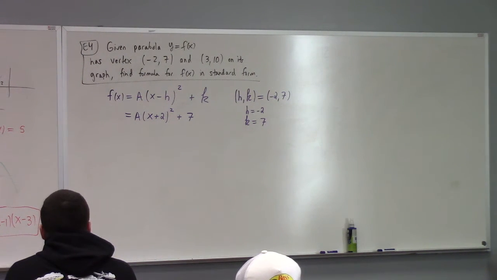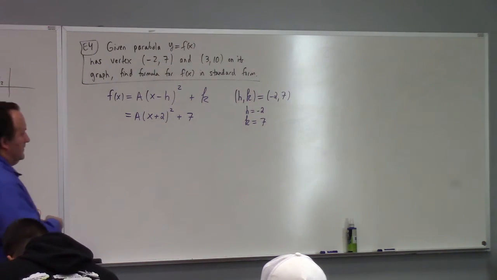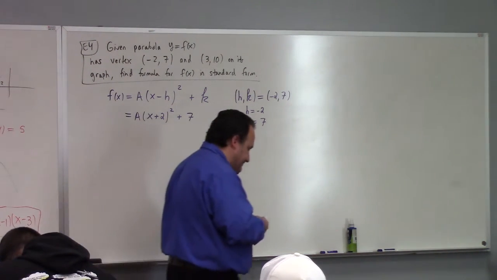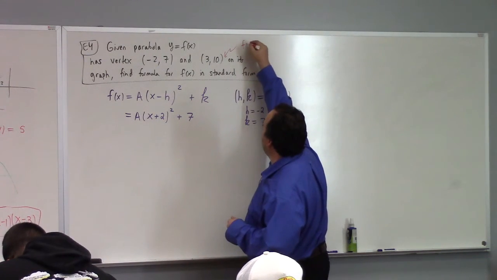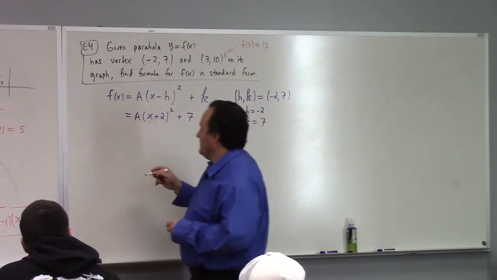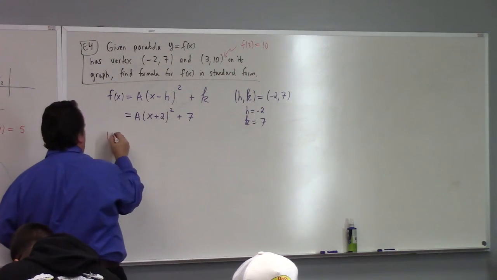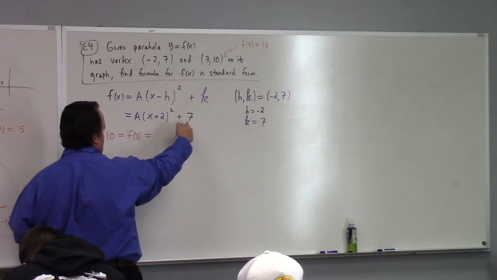What else do I know? The point, yes, the point 3, 10, right? This means that f of 3 is equal to 10, right? So I have 10 is equal to f of 3, which means I plug 3 into this formula.